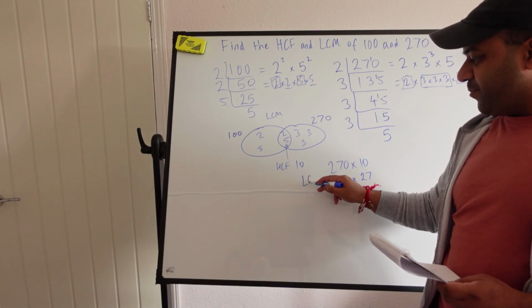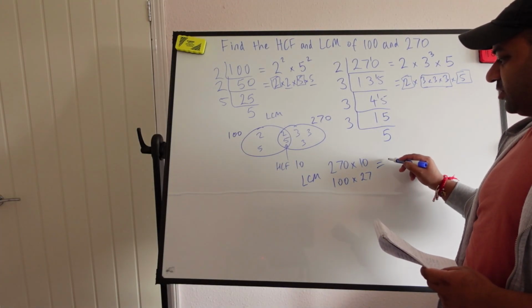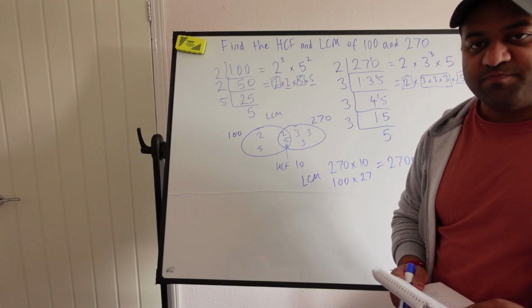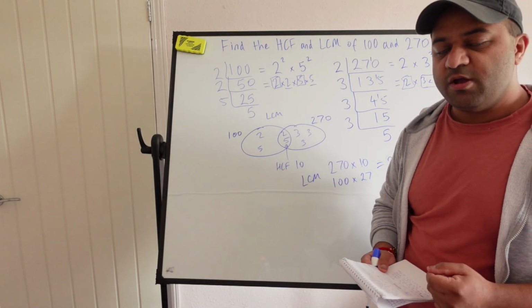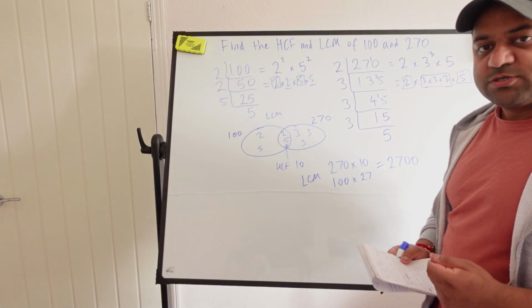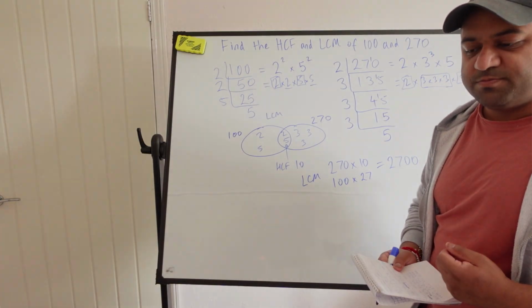And notice how both of these result in 2,700, which is the lowest common multiple of both 100 and 270. So let's try one more example.